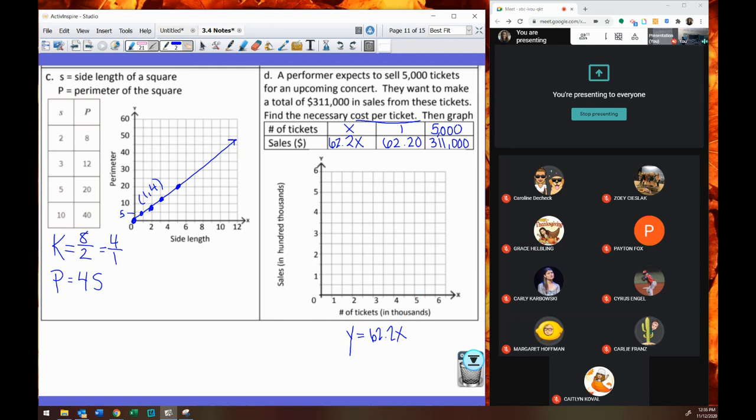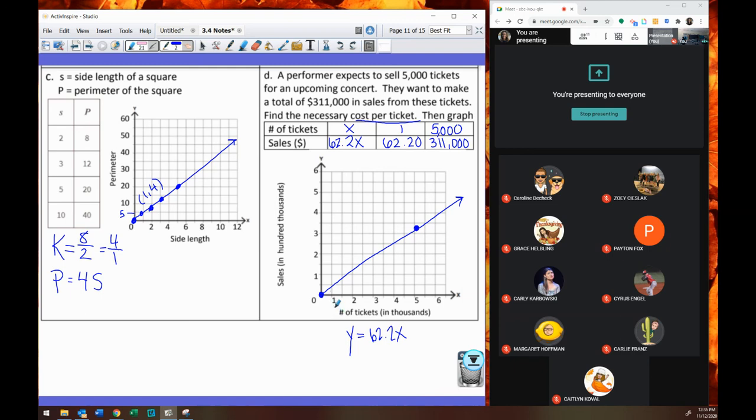So I'm in 100,000s on the Y. I'm going to come over to 5 and estimate just past the 3, because that's going to represent 300,000. And then again, you don't have to try to plot everything. Your proportional graphs start at 0, 0. If you have a point, do your best, which that's a little wobbly, but draw a straight line, because then every other point should fall on that line.